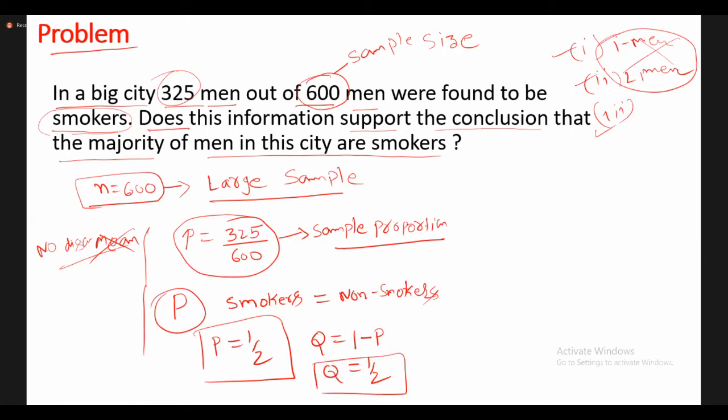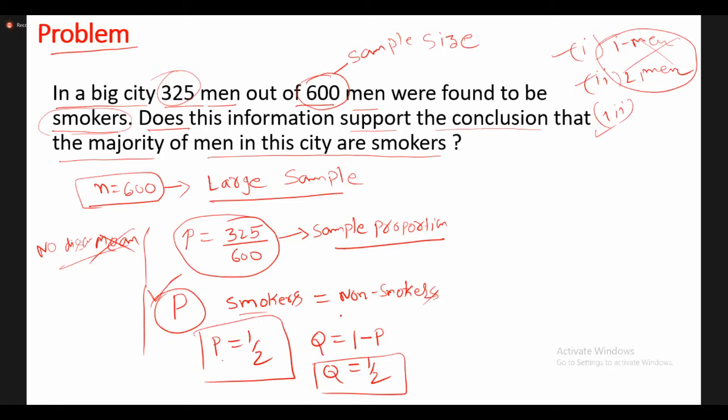Sometimes in the question, they will give the population proportion directly. If it is not given, we assume, depending on the data, that since we are discussing smokers, smokers and non-smokers are equal. That means the population proportion, capital P, is 1 by 2.